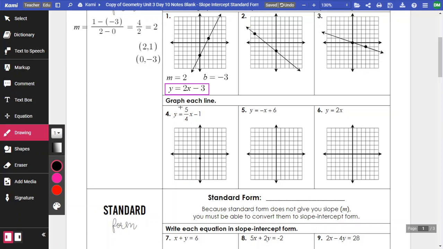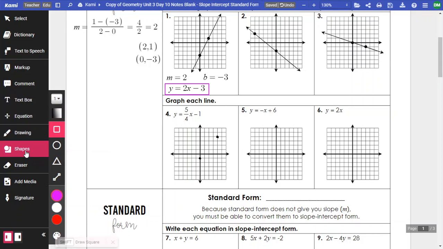And then we know the slope is 5 over 4. And remember, it's rise over run, so always y over x. But what that means is I'm going to move up 5 and over 4. So 1, 2, 3, 4, 5. 1, 2, 3, 4. So I know that this point right here is also on my line.